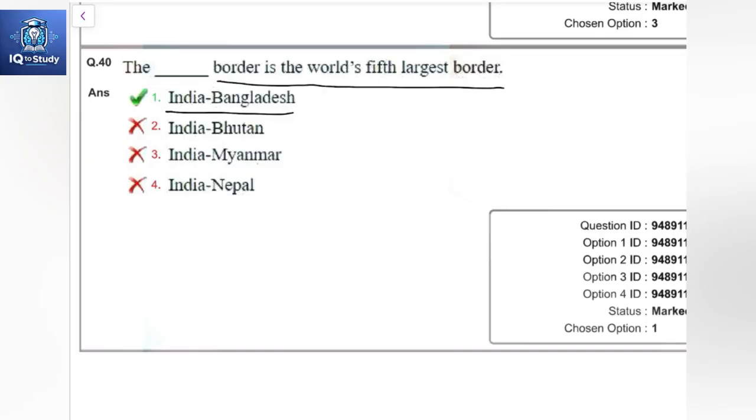They are Assam, Tripura, Mizoram, Meghalaya and West Bengal. China is the largest country that shares land borders with India, and Bhutan is the smallest country that shares land borders with India.